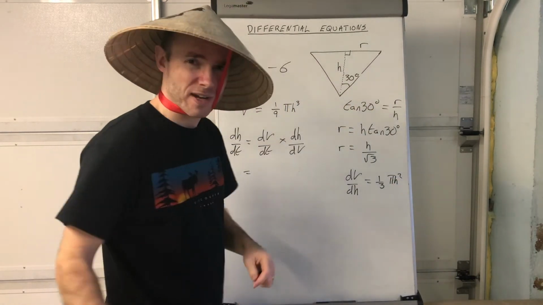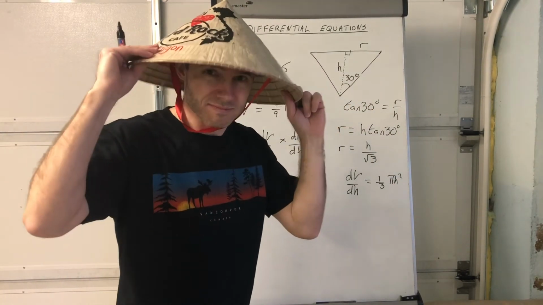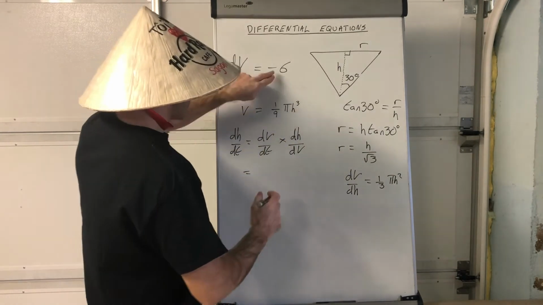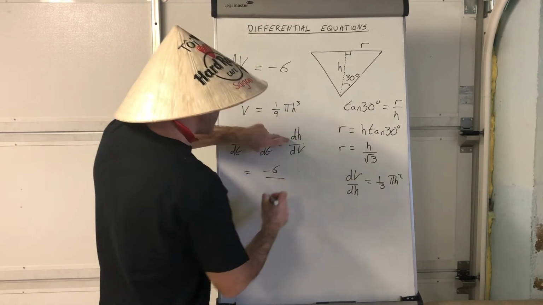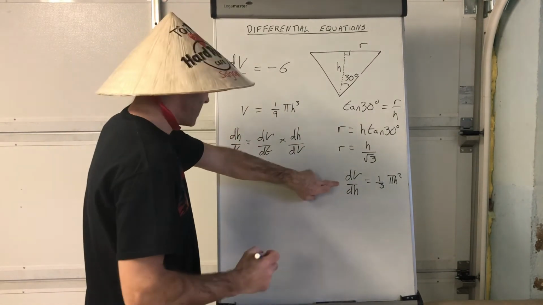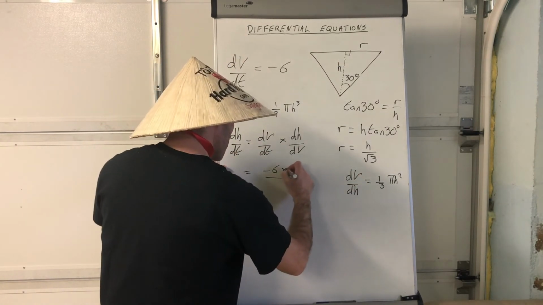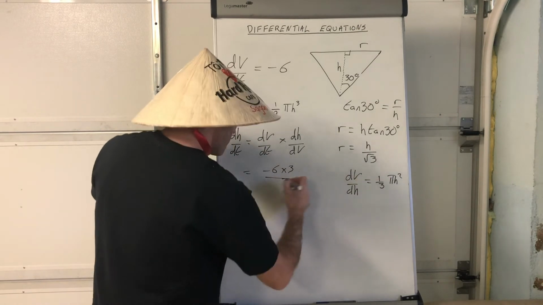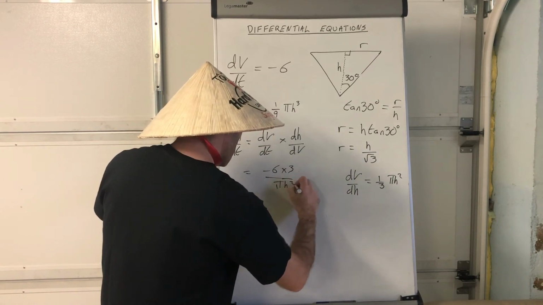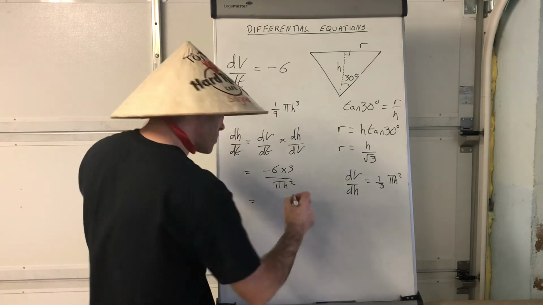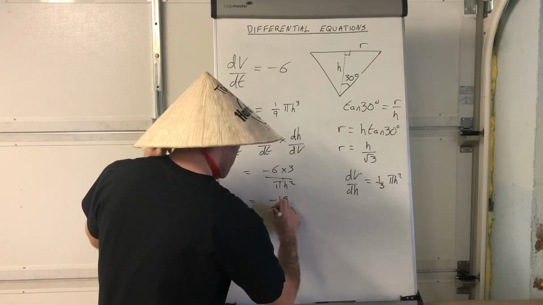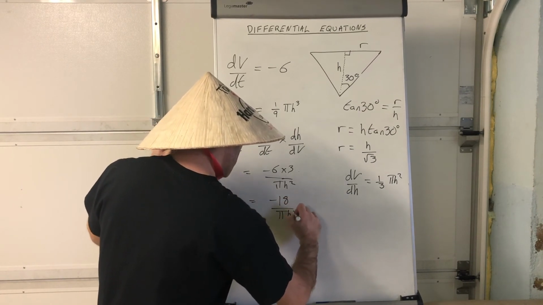Right, hang on to your hats. Put it in here: -6, and then dH/dV is the reciprocal of that. The reciprocal of 1/3 is 3, so multiply by 3, and then you've got over pi H squared. And that simplifies to -18 over pi H squared, which is it.